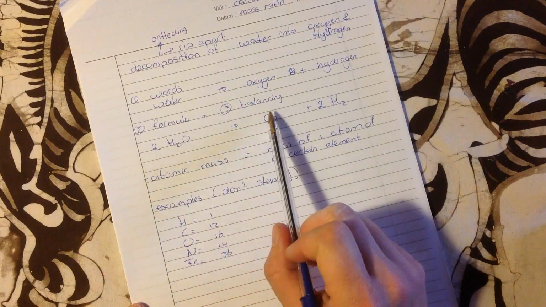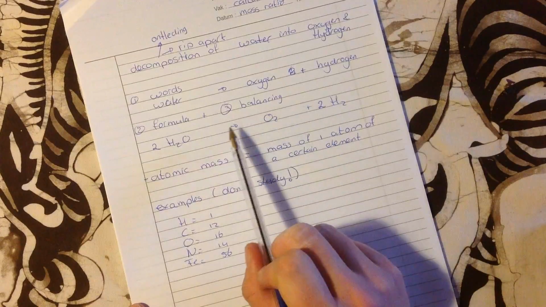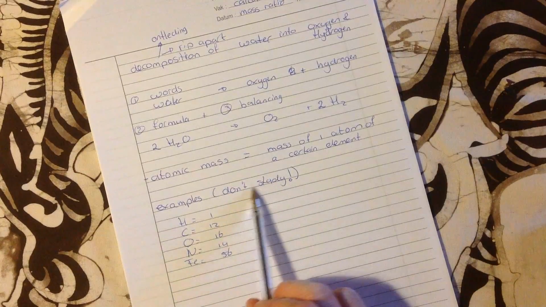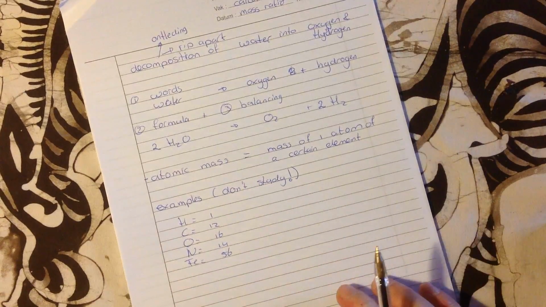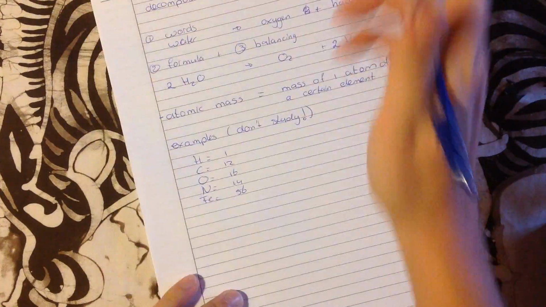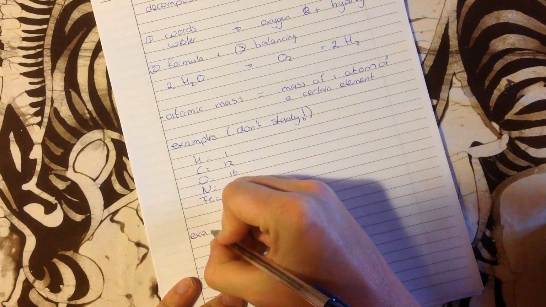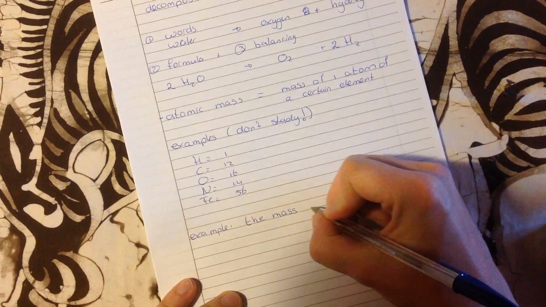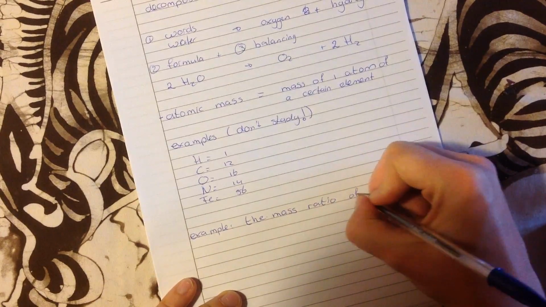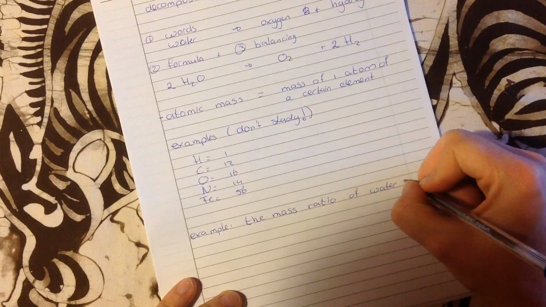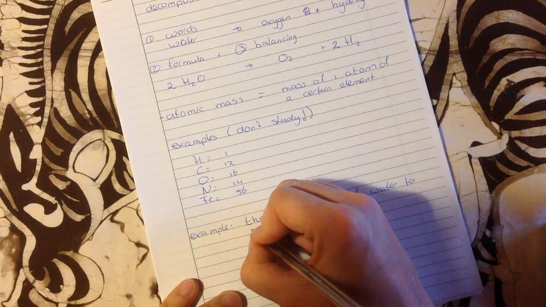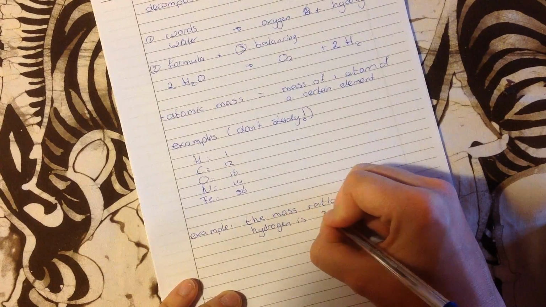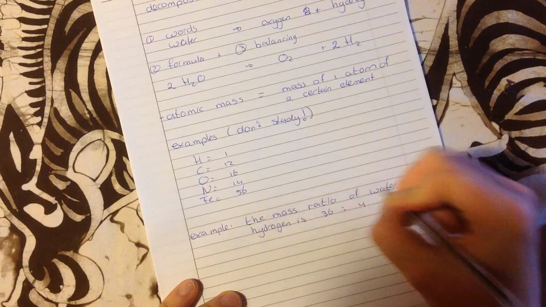That means that the mass ratio in which the two of them are produced is the same too. That also counts for this. Don't study any mass ratios. You will get them on a test. For example, the mass ratio of water to hydrogen is 36 to 4.